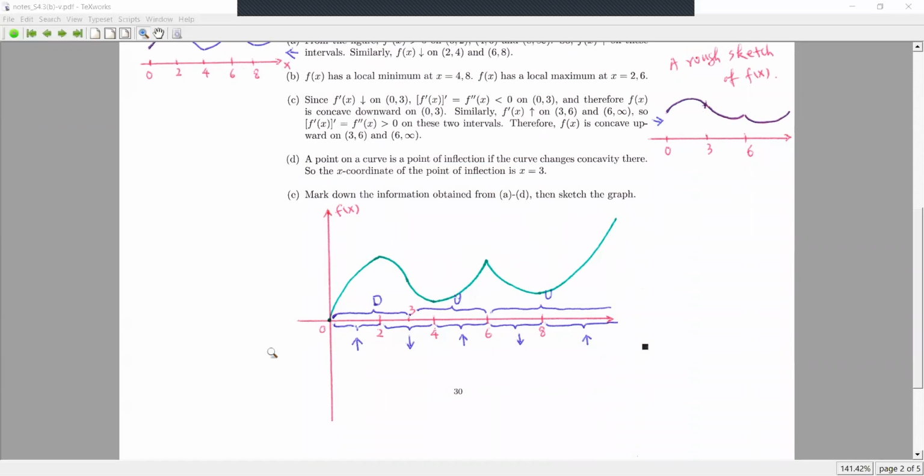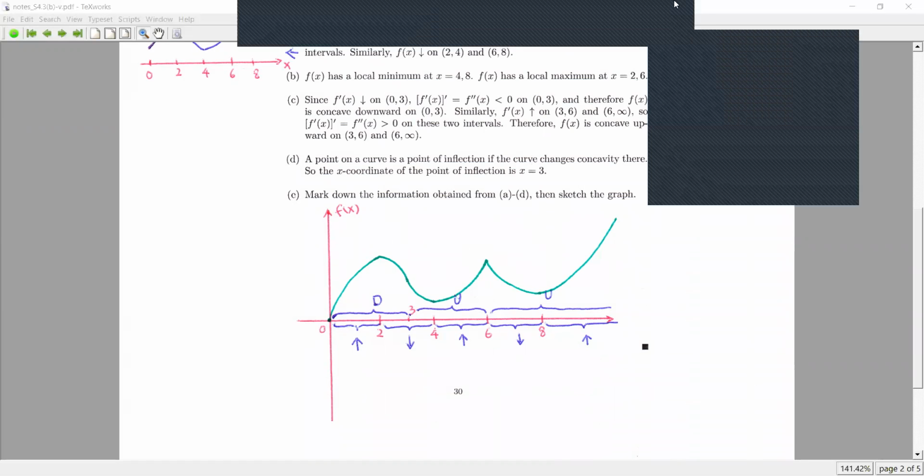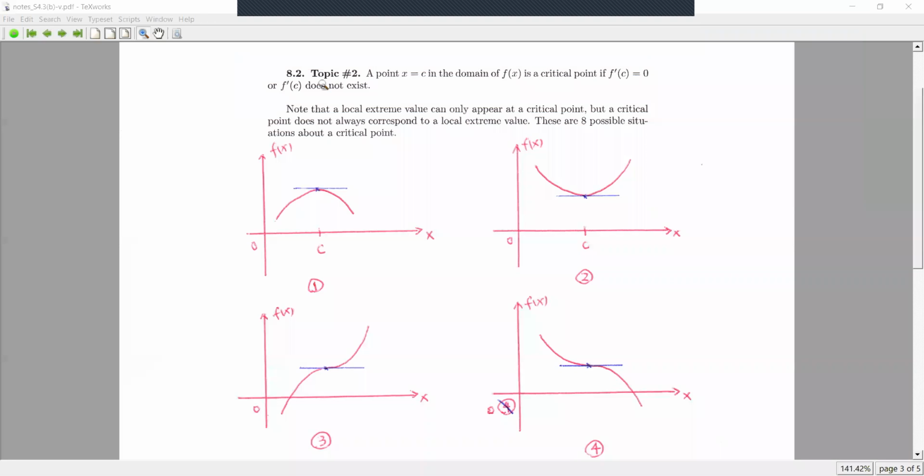This is topic 1. Next, we study topic 2, which is more about critical points. Recall that a point in the domain of a function is a critical point if the derivative there is 0 or the derivative there doesn't exist.